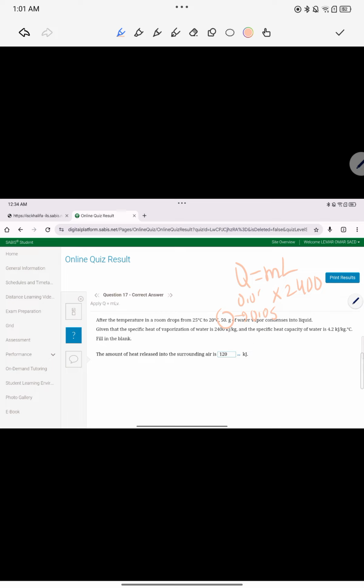So 0.05 times 2400 is equal to 120 kilojoules. It's in kilojoules because here this is kilojoules, but if this was joules, and here they said kilojoules, you have to divide by 1000. You will see it in another question now.